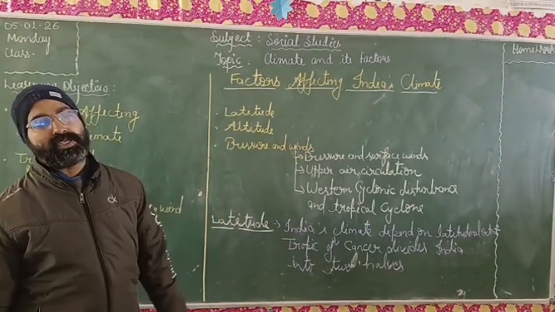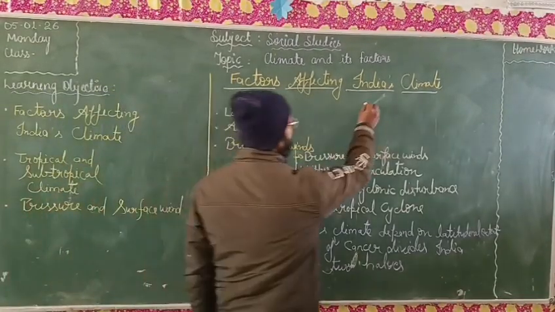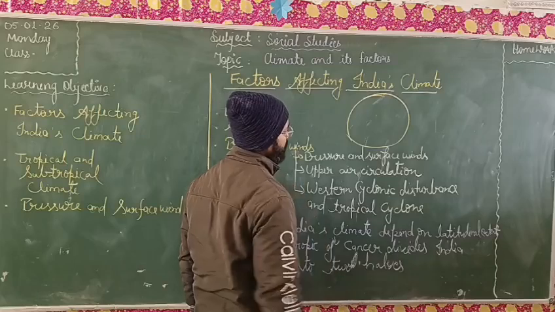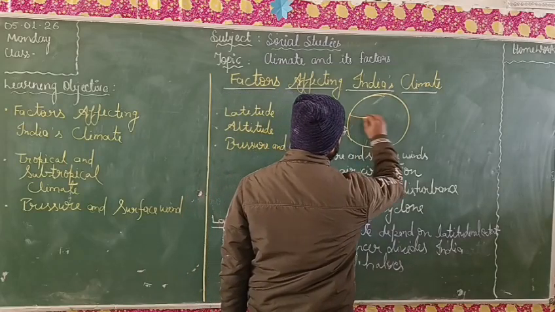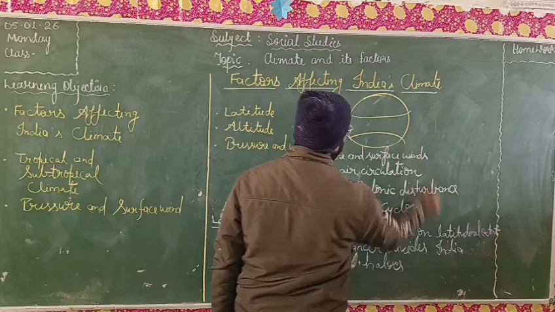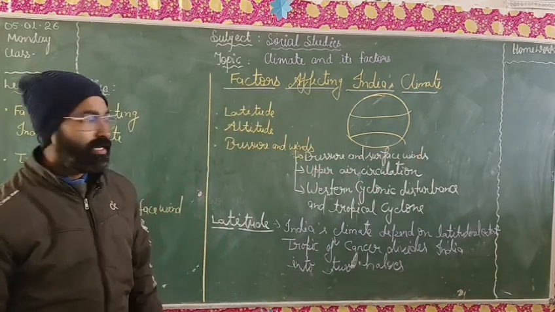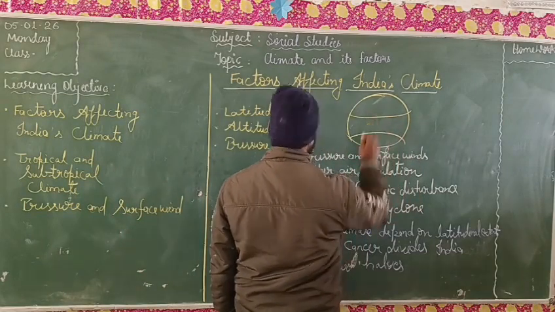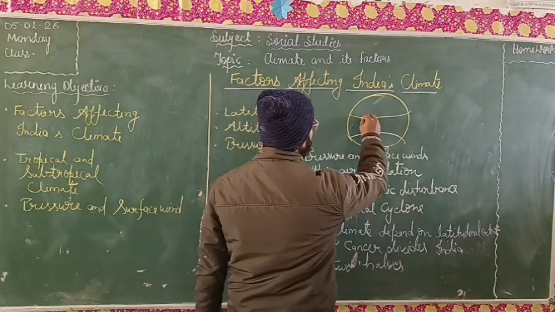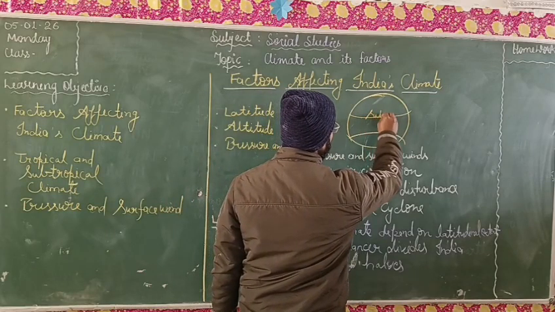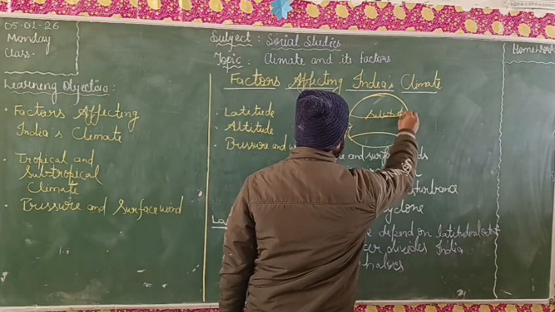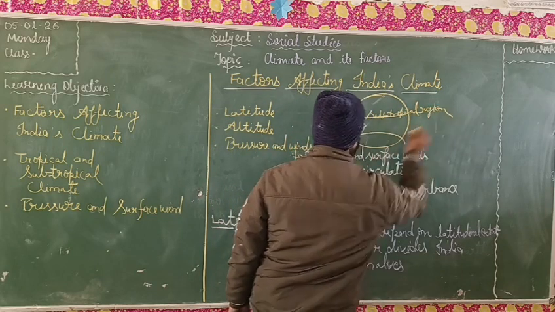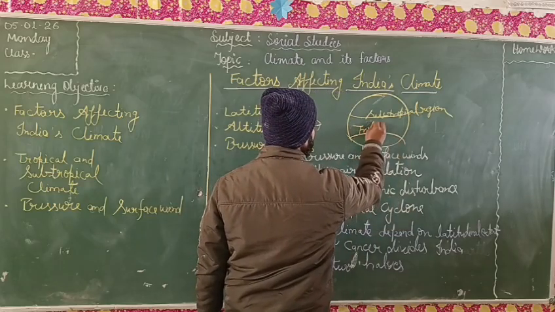How do latitudes affect the climate? With the help of a diagram, we will understand that. Suppose this is the Tropic of Cancer and the Tropic of Capricorn. This is the subtropical region, and this is the tropical region.